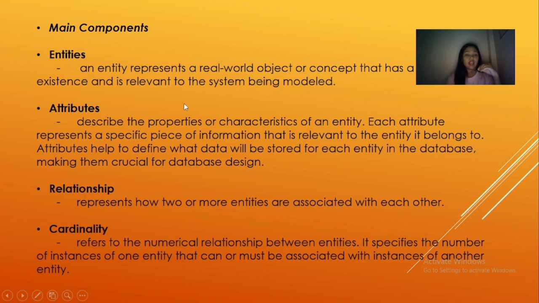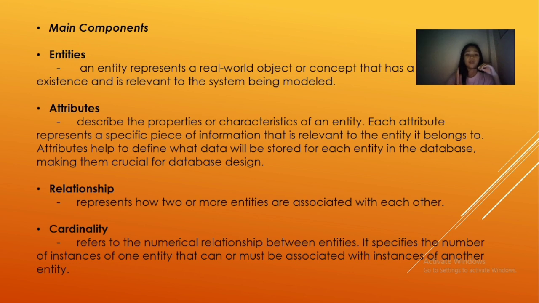Entities. An entity represents a real-world object or concept that has a distinct existence and is relevant to the system being modeled. The attributes describe the properties or characteristics of an entity. Each attribute represents a specific piece of information that is relevant to the entity it belongs to.